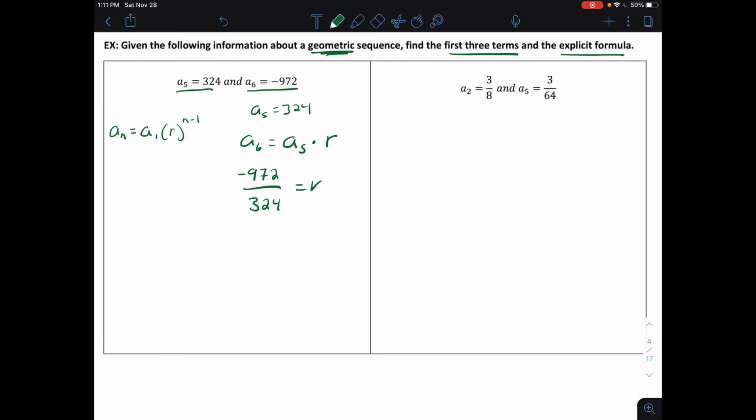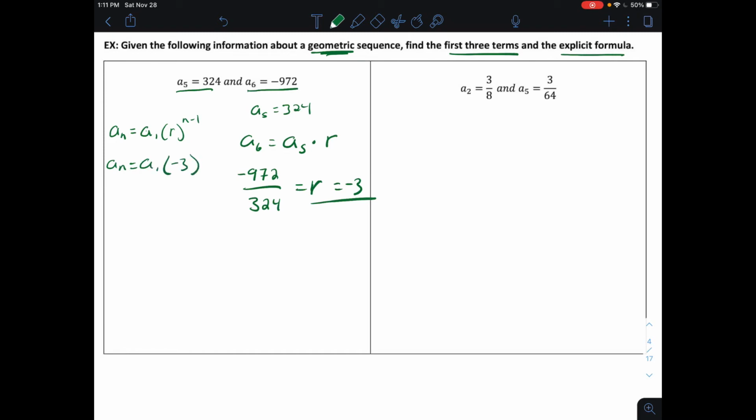So you divide 972 by 324, and r is going to be -3. So I have r is -3 right out of the gate just because I could divide 2 consecutive terms to see what I multiply by. Explicitly, all we have left to do is to find that first term.